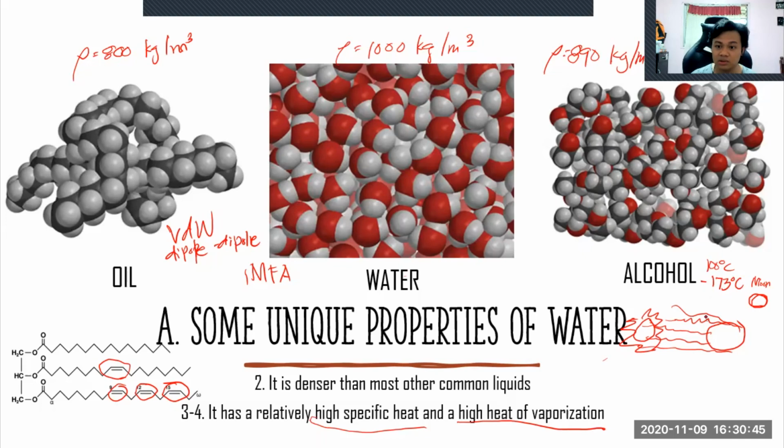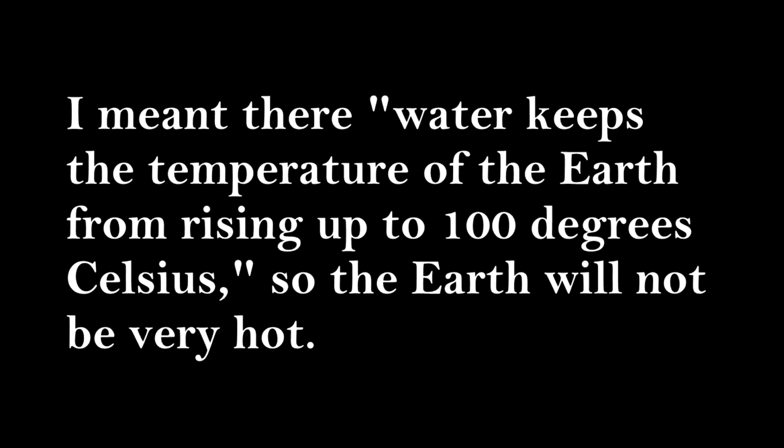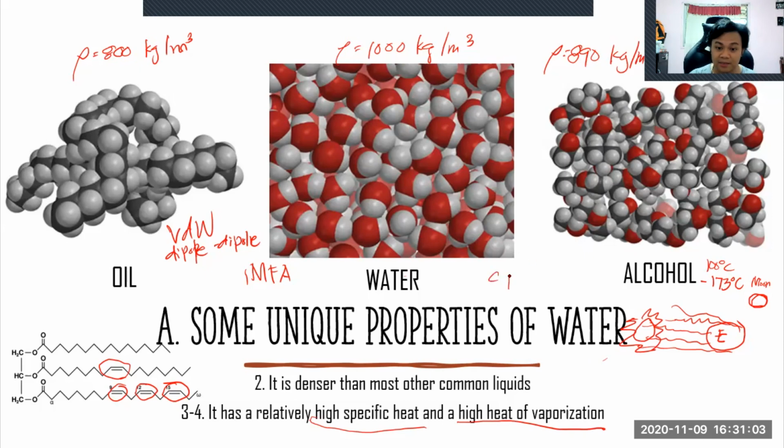So that's very cold. You can see the water on our Earth keeps the temperature from rising too high, up to 100 degrees Celsius, because of its high heat capacity, which is 4.184 joules per degree Celsius.